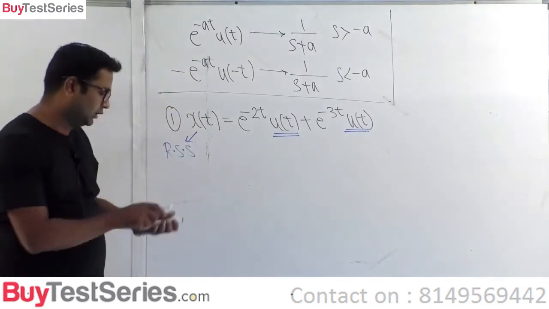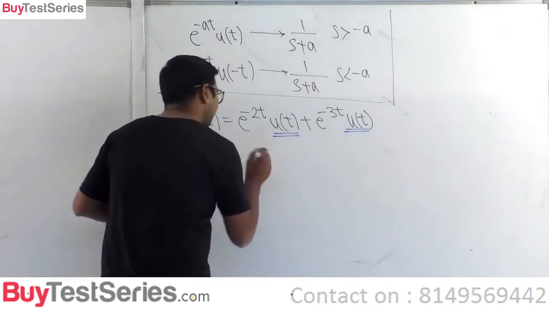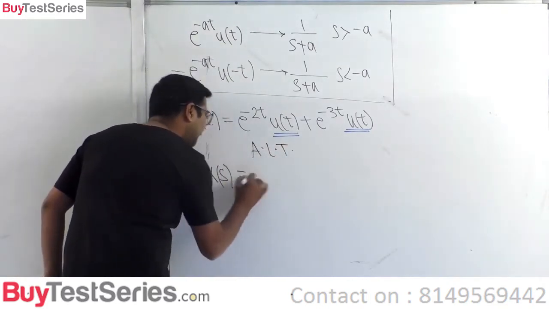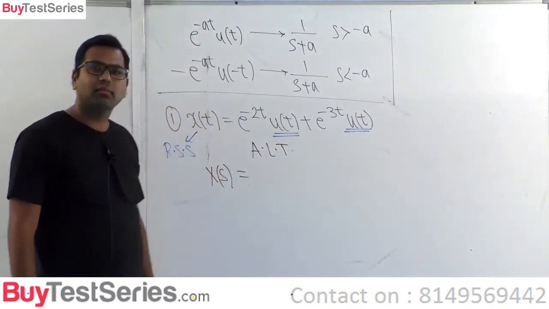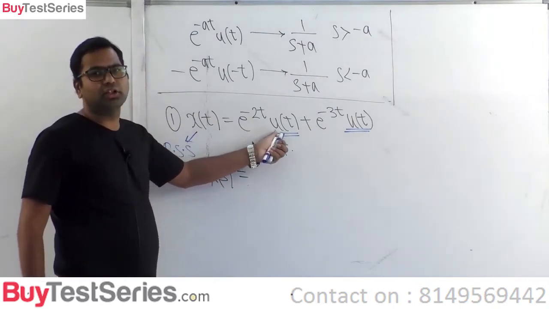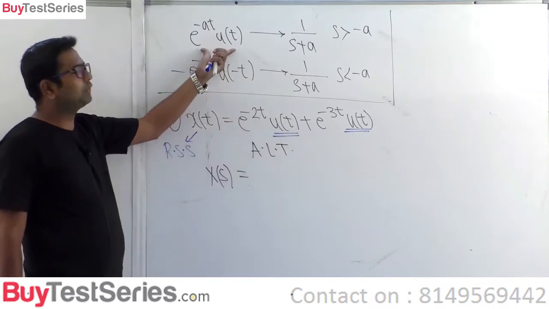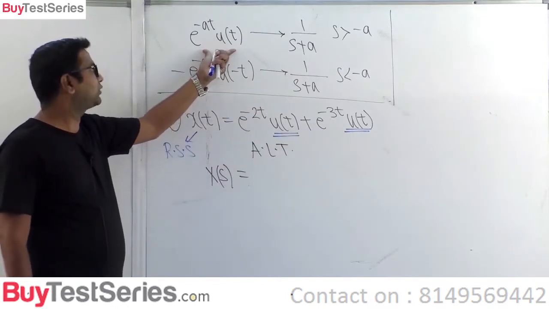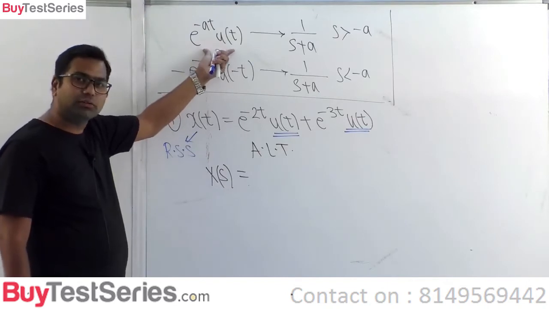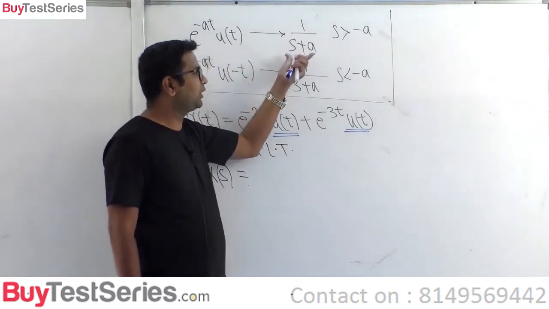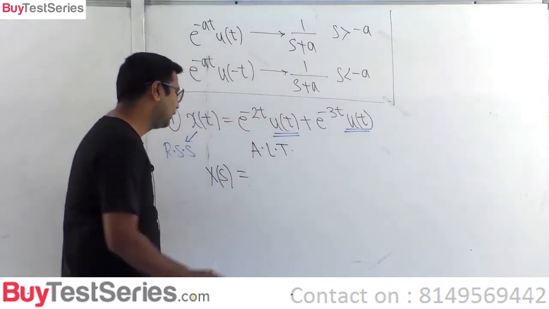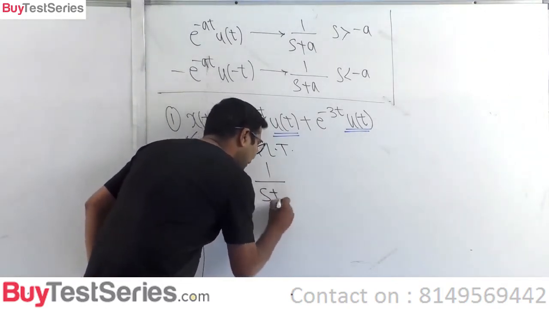Before we find the ROC, let us apply the Laplace transform. So the Laplace transform of x of t is capital X of s. I would directly write the Laplace transform of e raised to minus 2t u of t based on what we have solved. We have already solved e raised to minus at u of t, for which the Laplace transform is 1 upon s plus a. Therefore, for e raised to minus 2t u of t, the Laplace transform is 1 upon s plus 2.